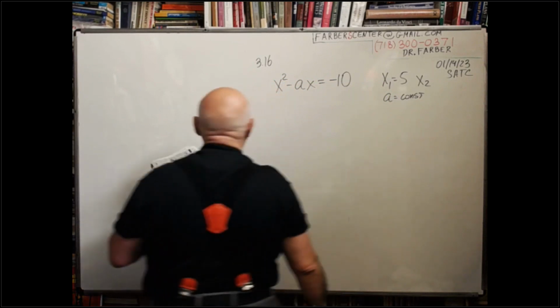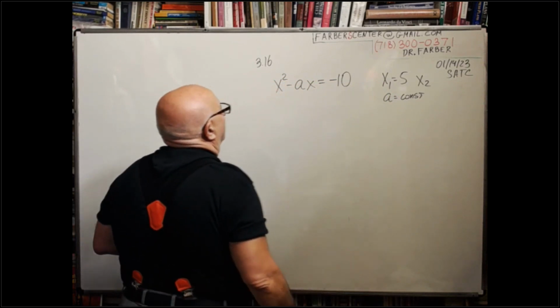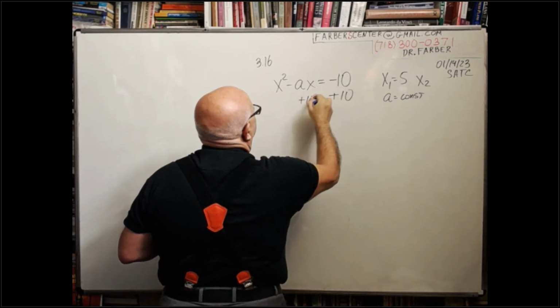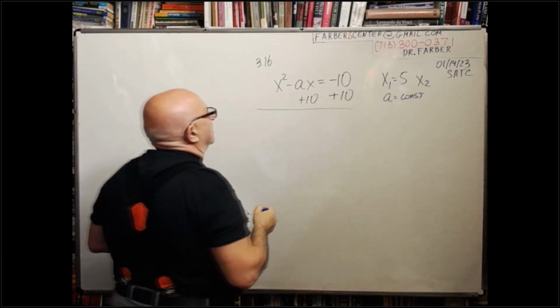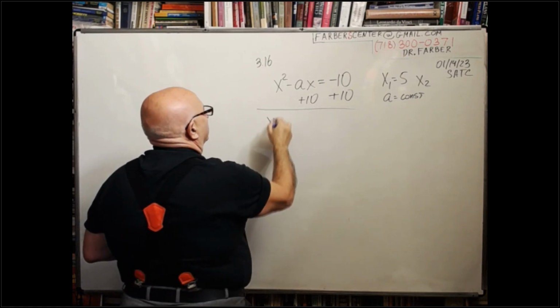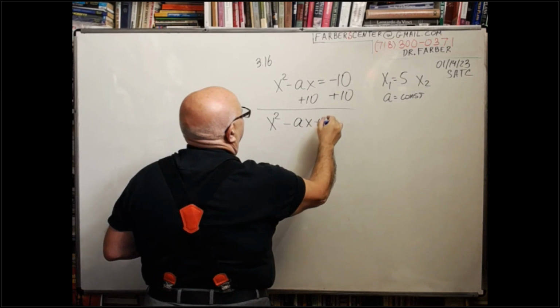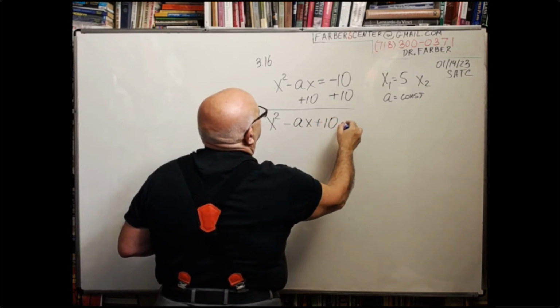Well, plus 10 on both sides. I just normalize, make it ax squared plus bx plus c. I got x squared minus ax plus 10 equals 0.